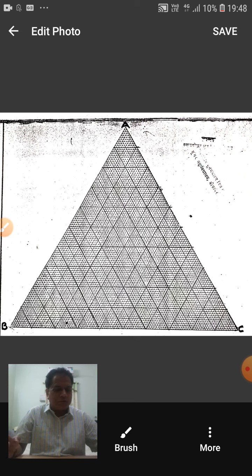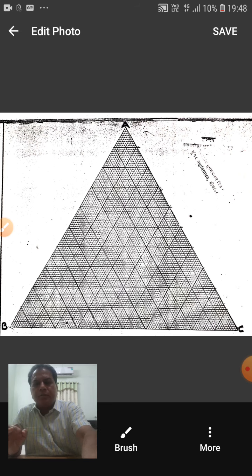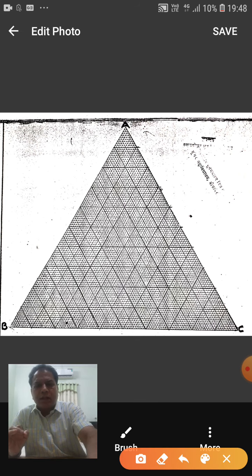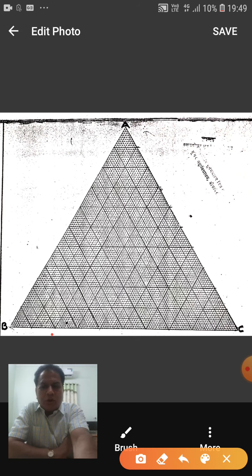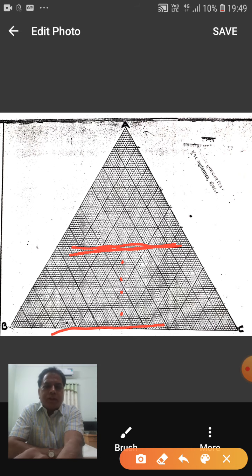Now we can very well mark this point. A will be 0 on this line, and the value will increase 10, 20, 30, 40, 50. On this line the value of A will be 50.